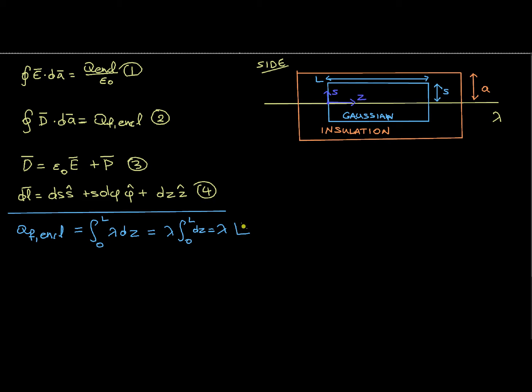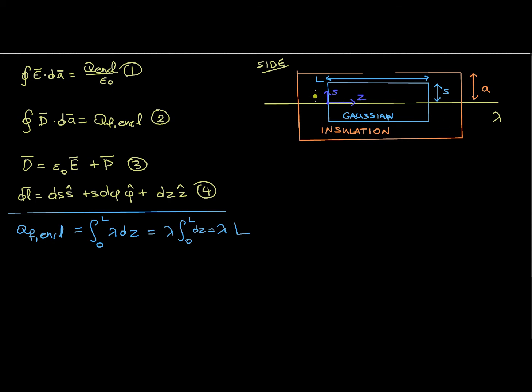Now I want to point out physically what happens. When I place a linear charge density and surround it with insulating material, the insulator will be polarized, because the charges of the linear charge density create an electric field around them. That electric field polarizes the atoms and molecules of the insulator.